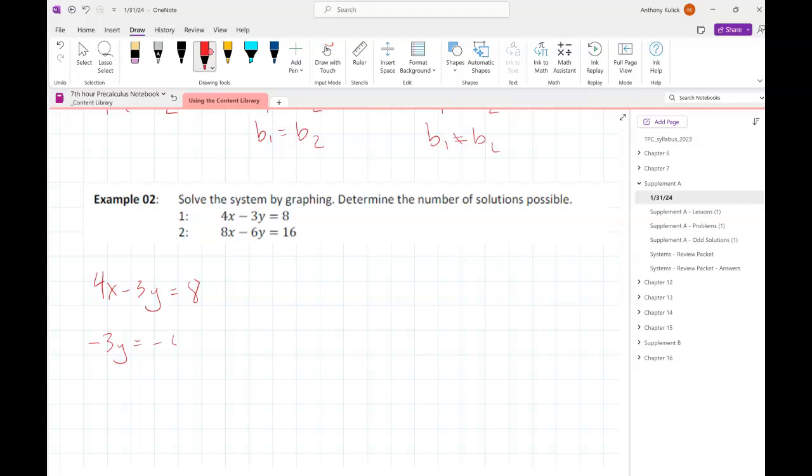Let's write it this way. And then divide by -3. So the two negatives cancel there. But I have only one negative there, so I'm just going to change that to minus. Is everybody good? Okay. Now let's do equation 2. What am I going to do first here?